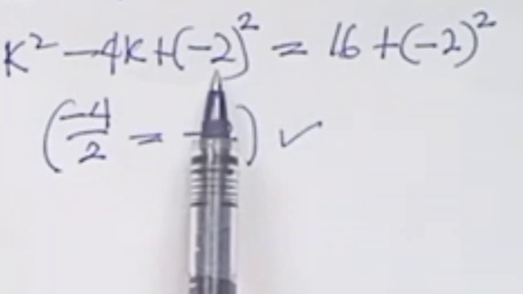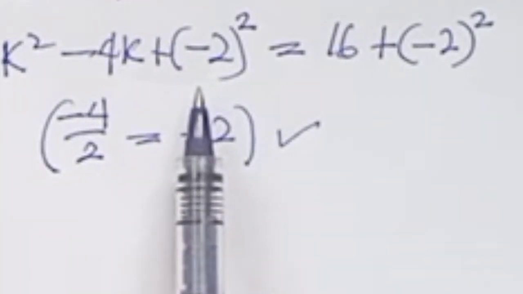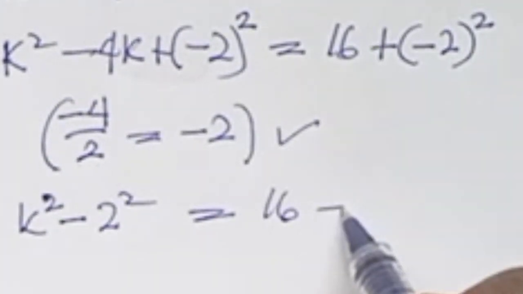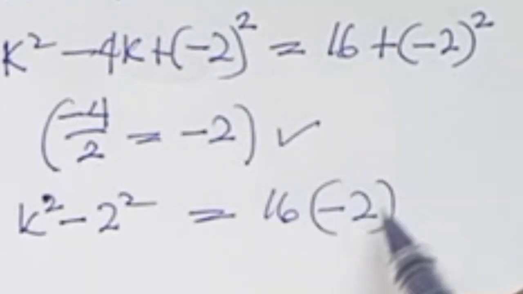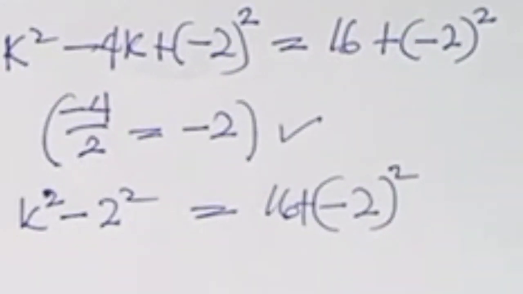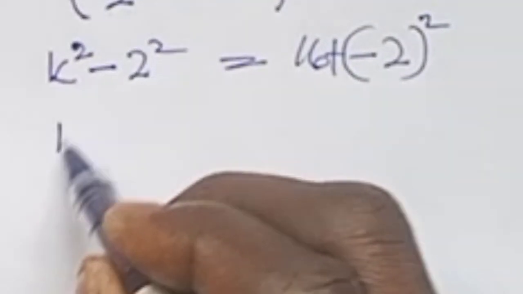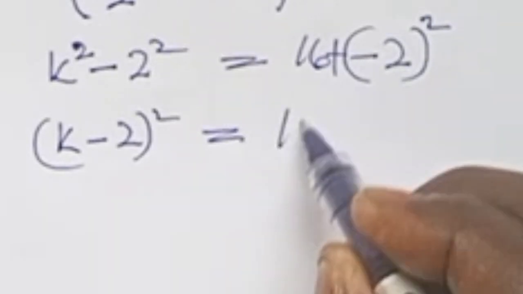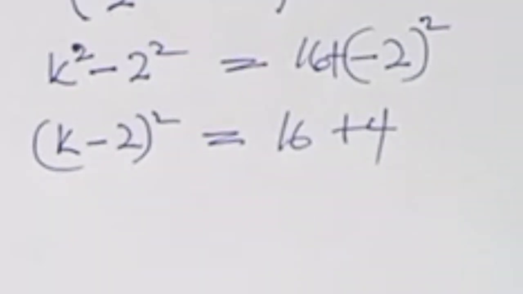So the left-hand side of this equation is a perfect square. That means we can write it as (k minus 2) squared equal to 16 plus 4. So this means (k minus 2) all squared is equal to 16 plus 4.